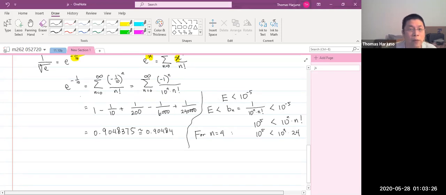Now the actual value is, let's see, e to the power of negative 1 over 10. The actual value is 0.90483742. Wow. If I round to 4 decimal places, this is what I get.